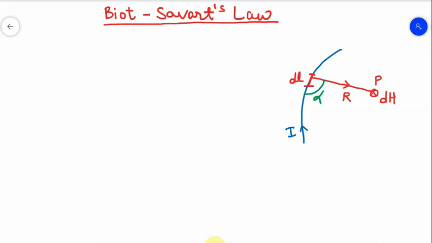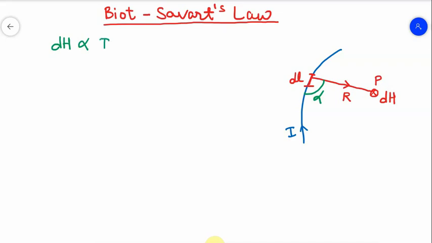So what does this Biot-Savart's law state? It states that the differential magnetic field intensity dH at any point P is due to the differential current element IDL. Since current I is passing through dl, the differential current element is IDL. This intensity dH is proportional to what?